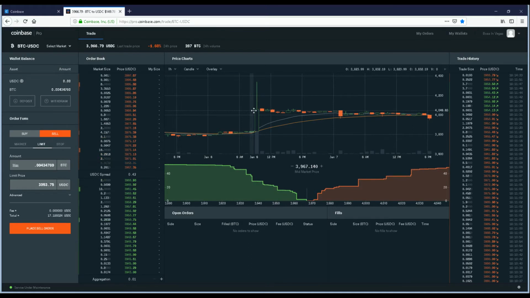So it went up $200 within minutes. Now you just saw it corrected itself a little bit and came back down to 39.66 now.